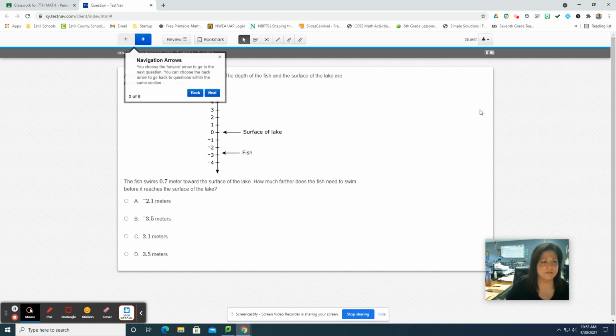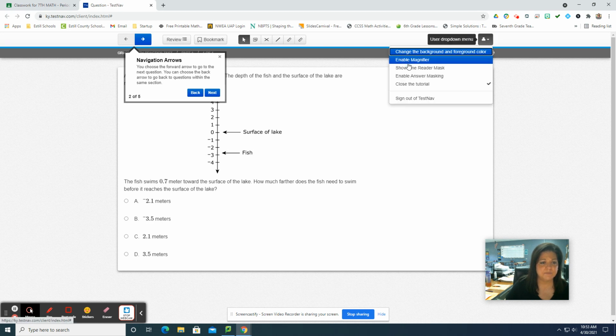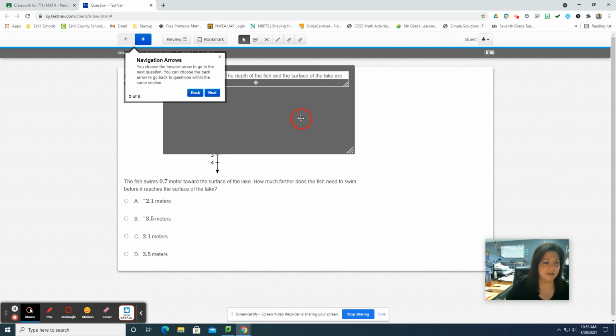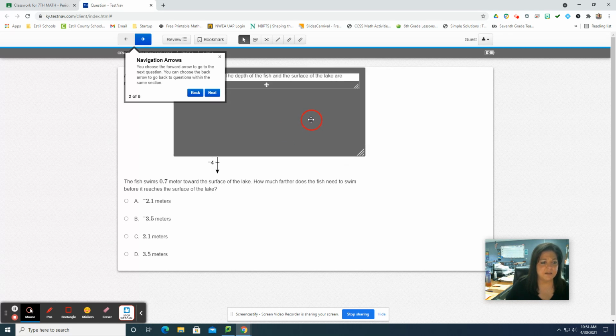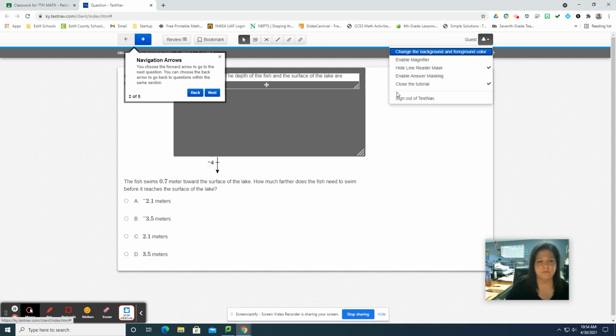So we're going to click next. Now you can go up here and look at the drop down. There's a magnifier. There's a reader mask. I think this is really cool. If you click on that, it shows that during the reading part, you can segment some of the stuff so you see one line at a time. That's very helpful for passages that you may have in language arts or science.